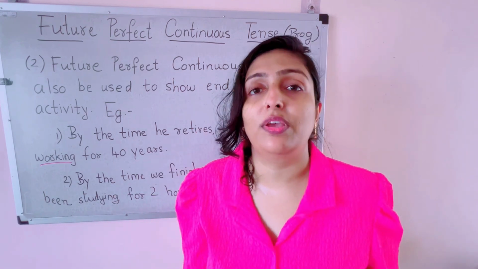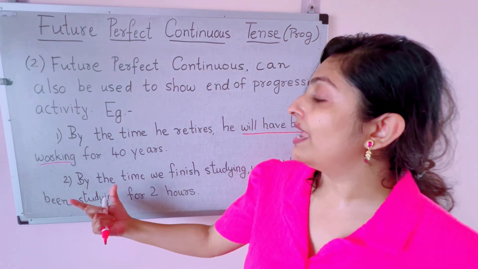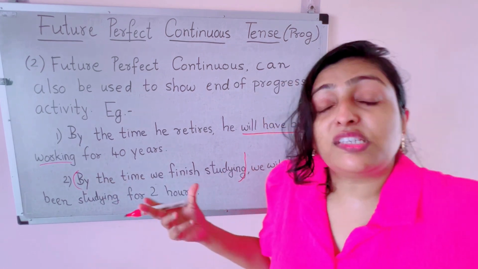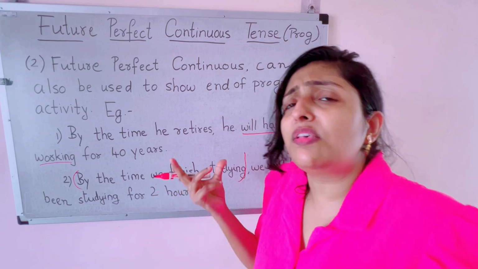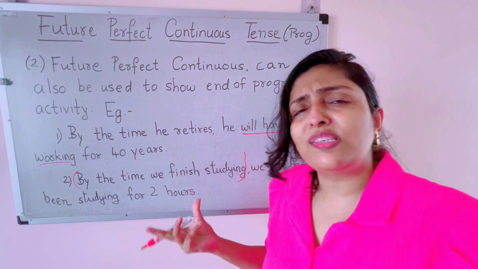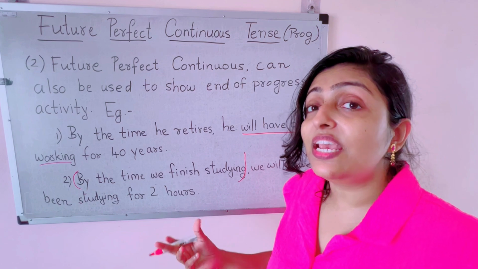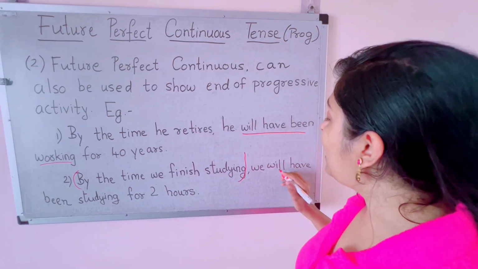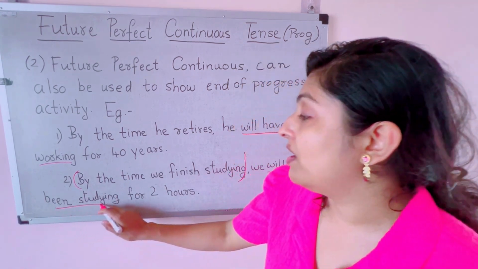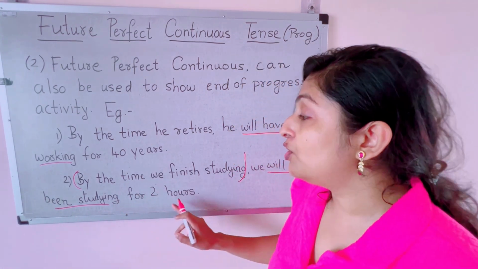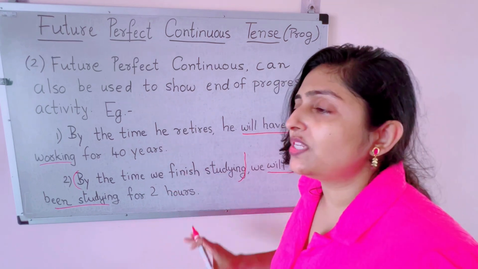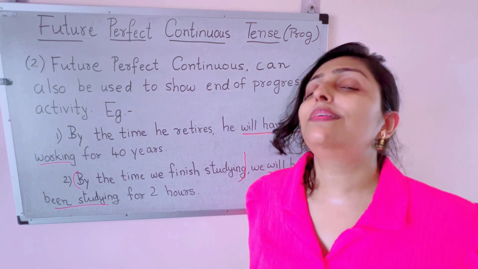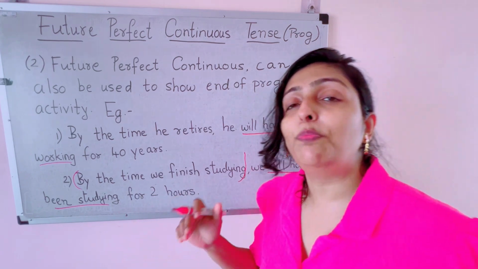He will finish working. Now coming to the second example, by the time we finish studying, again this time expression shows that there is a pause, there is a stop, and there is an end of progressive activity, unlike the previous examples of rule number 1. We will have been studying for 2 hours. So here the speaker tries to say that when we finish studying, it's over, it's completed, and the overall time taken for studies would be 2 hours.